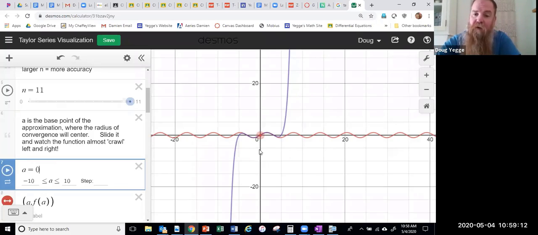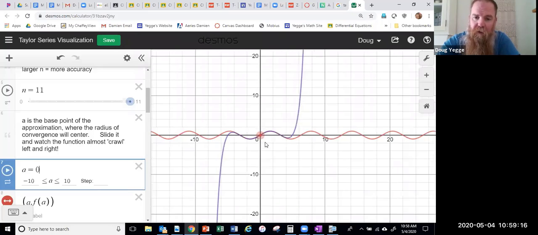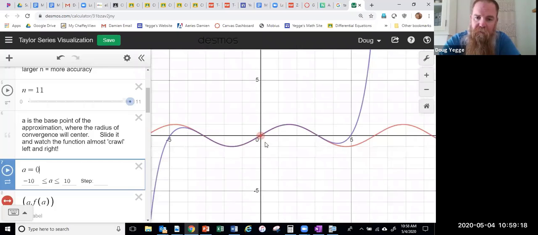Now, the most important part of a Taylor series is that in order for this polynomial to equal sine of x, the function value of sine x has to equal my polynomial. But every single derivative better also equal that polynomial's derivative.